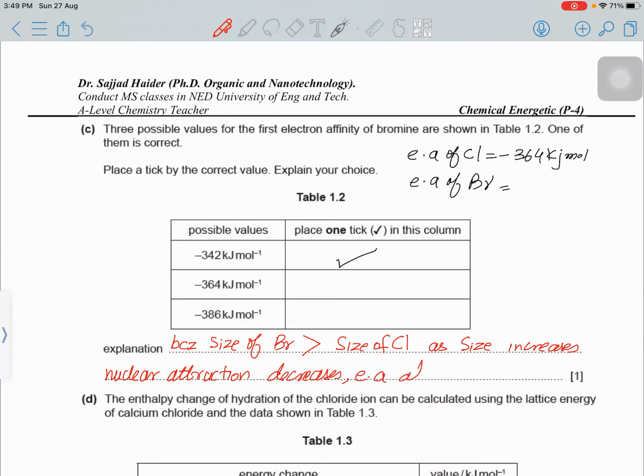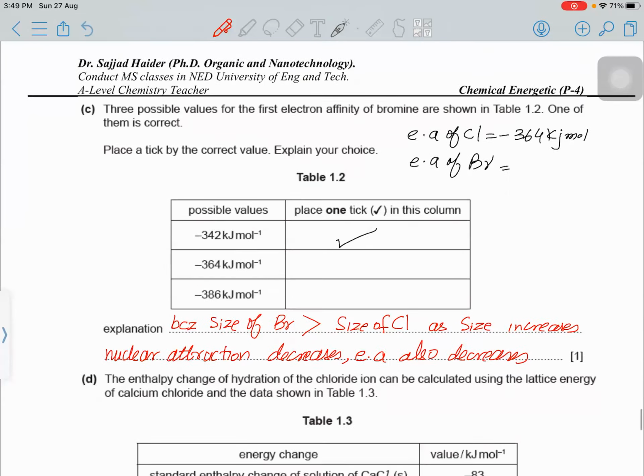Electron affinity also decreases. Less attraction, less energy is released. Are you getting my point or not? Oh, yes, sir. Okay, next question.